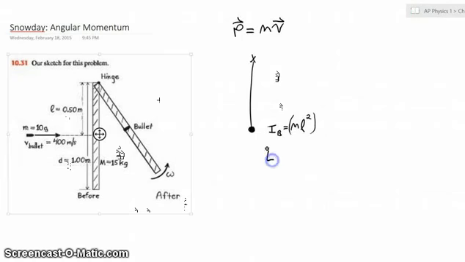So the angular momentum is equal to the moment of inertia times the angular velocity. And the angular velocity of the bullet is equal to its linear velocity divided by the radius.